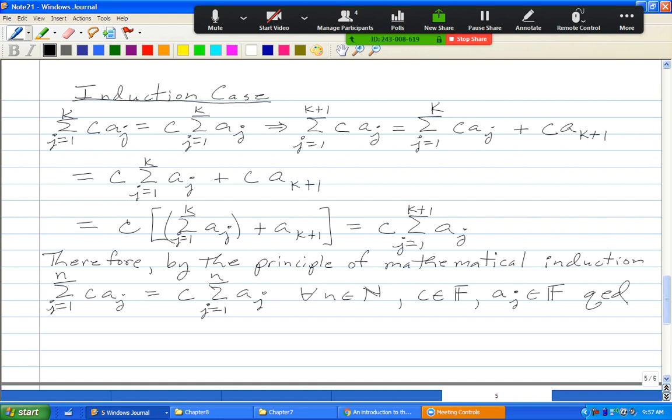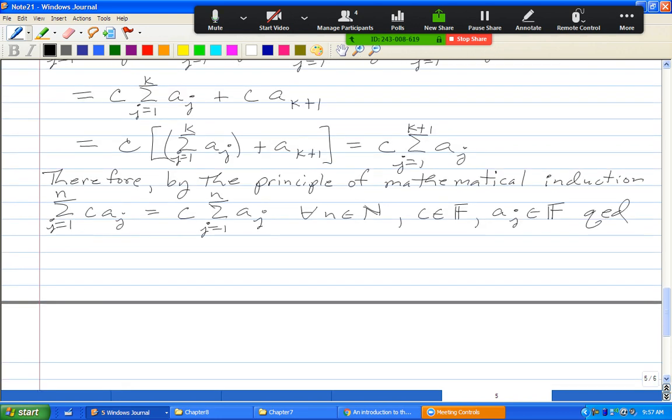Okay. And the next property, rather the next page.